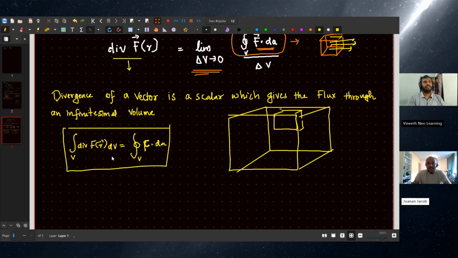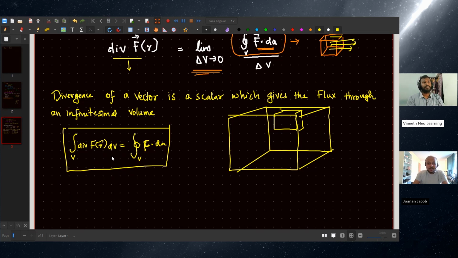Have you understood that? Do you have any doubts here? So Gauss's theorem is a natural consequence when you think about it and integrate this thing.